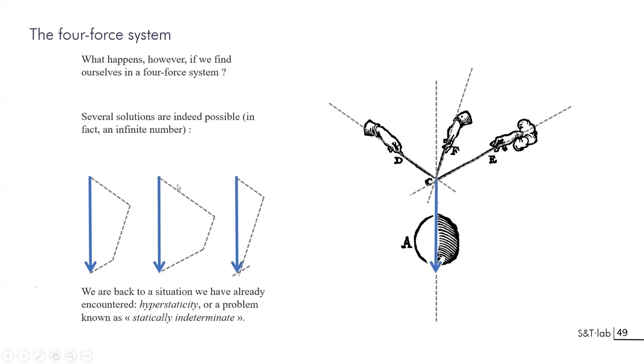You can see that in this case, you can build several force polygons that will all be correct, and you won't be able to define this unless you decide what one of these forces is, or unless you consider the deformation of each of the elements constituting the system, which will drive us to the deformation of systems in the last part of the lecture.